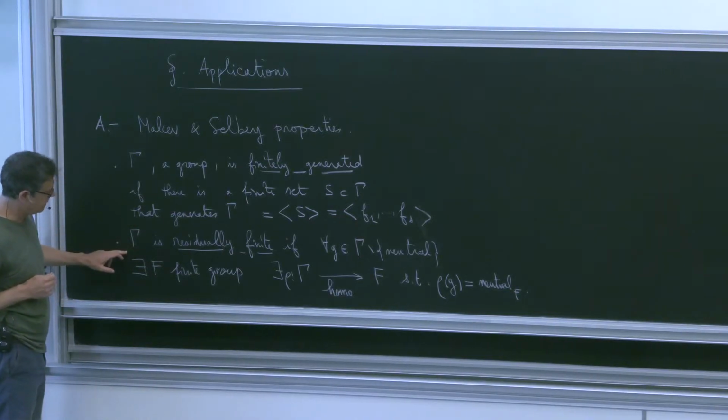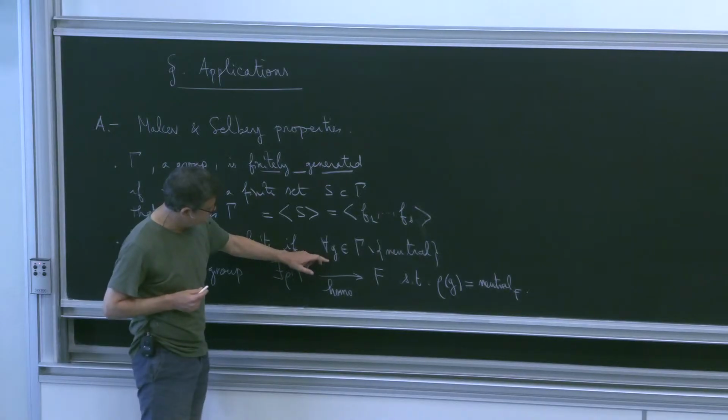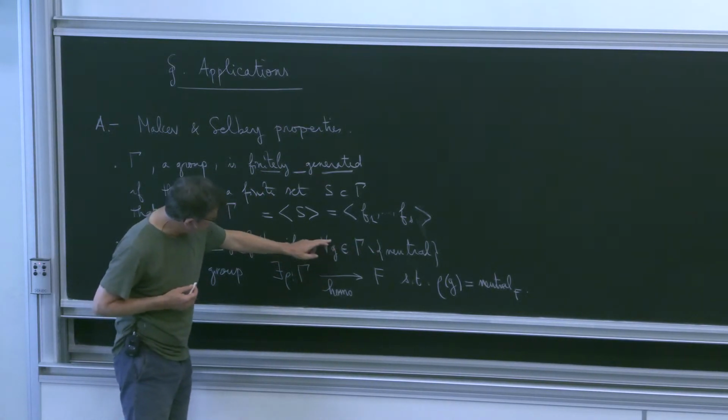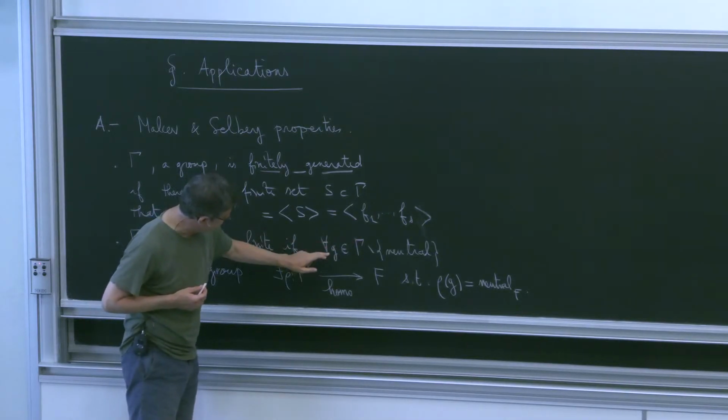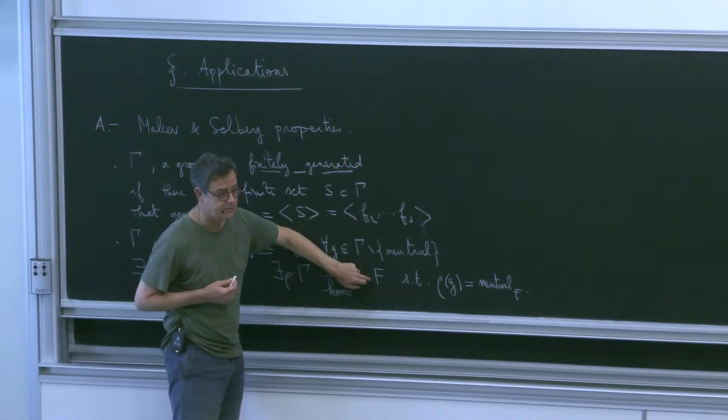You have a group gamma, and you look at the elements of gamma which are not the neutral element. Then to decide whether such an element is or is not the neutral element, you just have to look at all the finite quotients of gamma.